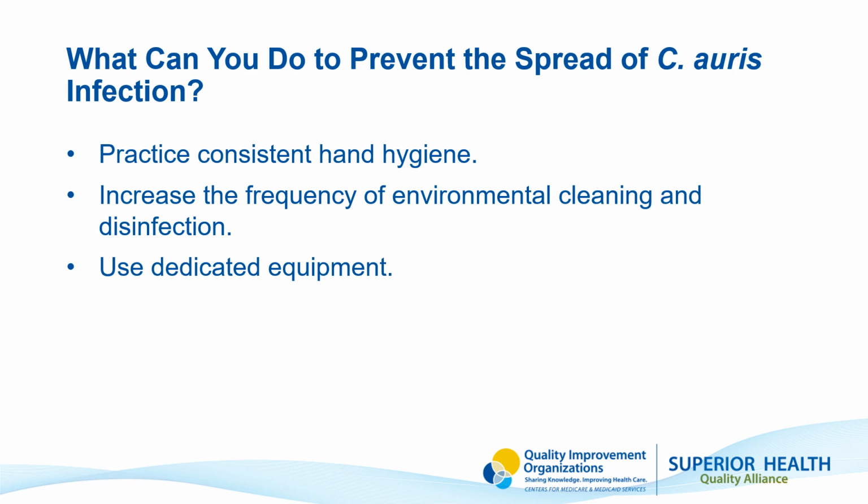Careful attention to infection prevention measures such as hand hygiene, the proper use of gowns and gloves, thorough environmental cleaning, and the use of dedicated equipment and supplies can help reduce the risk of transmission within healthcare facilities. If a patient or resident has a Candida auris infection or is found to be colonized with C. auris, it is also best that they stay in a private room to help prevent its spread.